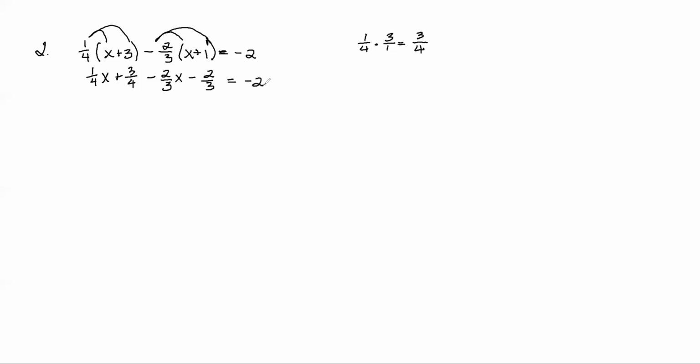All right, so now we have everything distributed. And before we start combining like terms here, so we don't have to add all those fractions together, let's multiply by the LCD. And so our LCD here, we have a 4 and a 3, so our LCD is 12. And so we're going to go ahead and multiply every single term here by 12, or 12 over 1.